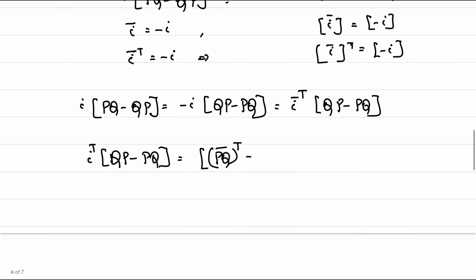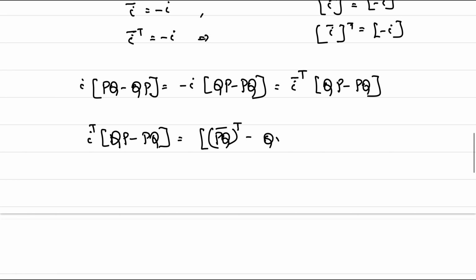PQ is QP conjugate transpose. I transpose into QP minus PQ I have divided. That's all.